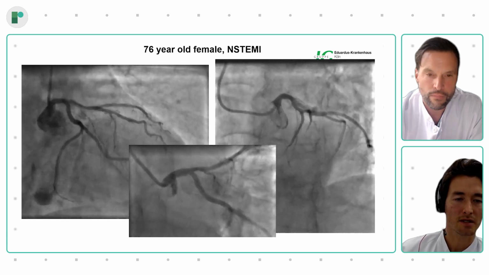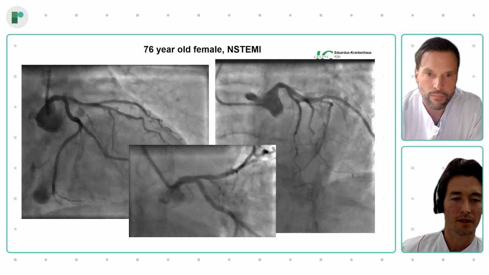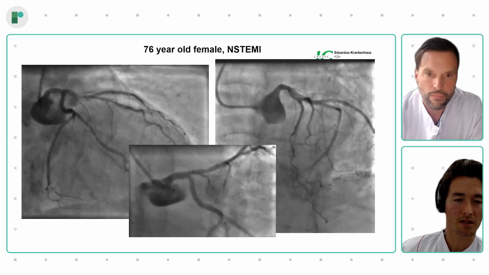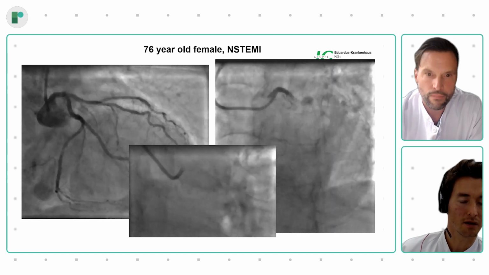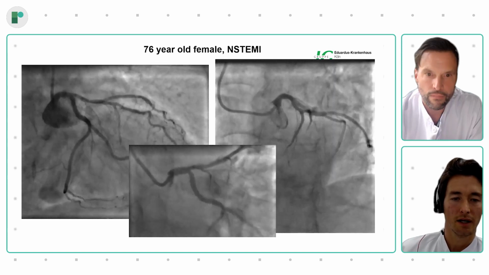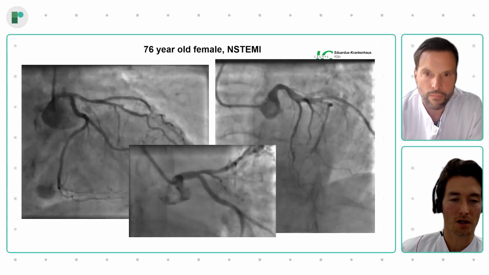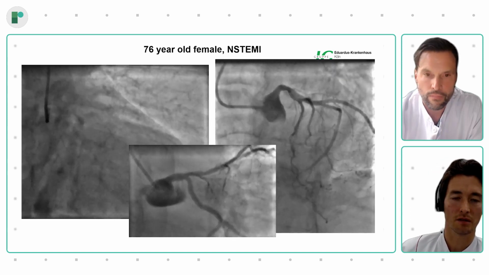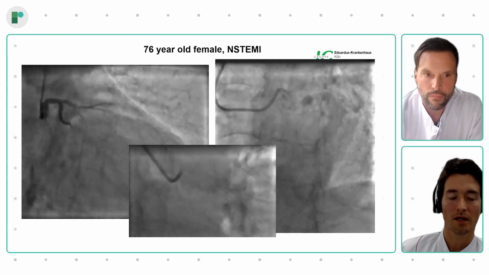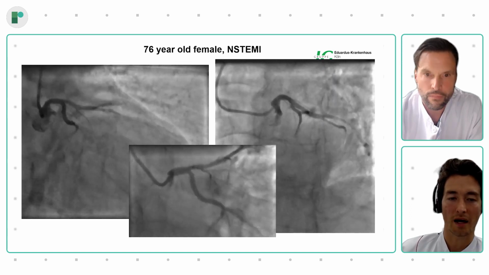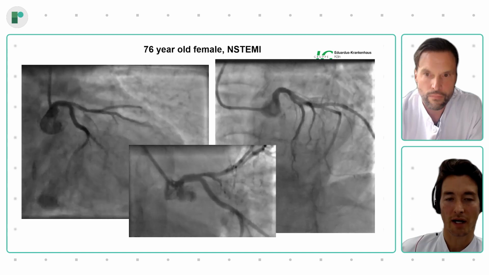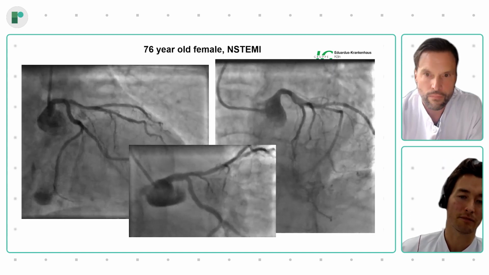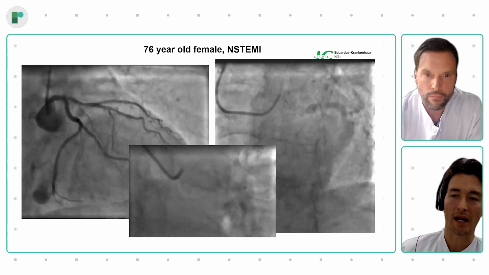The LAD seems to be somewhat diseased, but the ambiguous finding that we had on the angiography was the ostial LAD, which you can see here on the zoom picture. Is this significant or not? Should we perform hemodynamic, physiological measurements, or not? We then opted for performing IVUS in order to check the anatomy of the left main and also the ostial LAD.